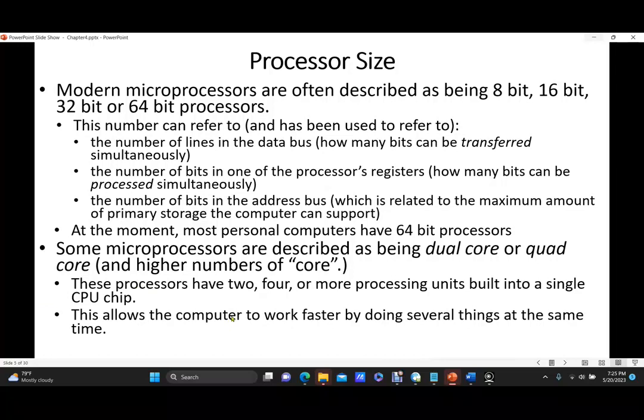Having multiple cores, multiple processing units, the computer can do several operations simultaneously. And of course, that allows it to process faster.